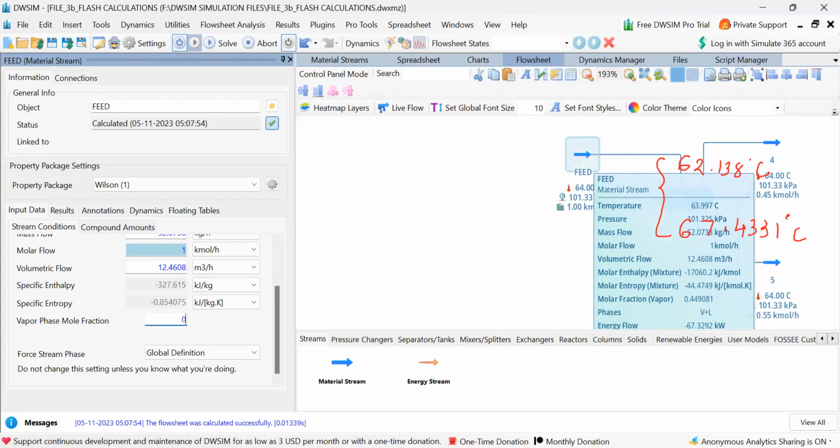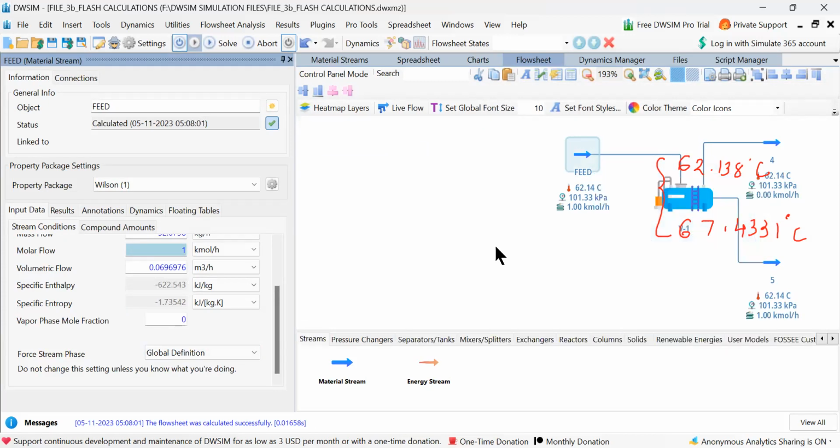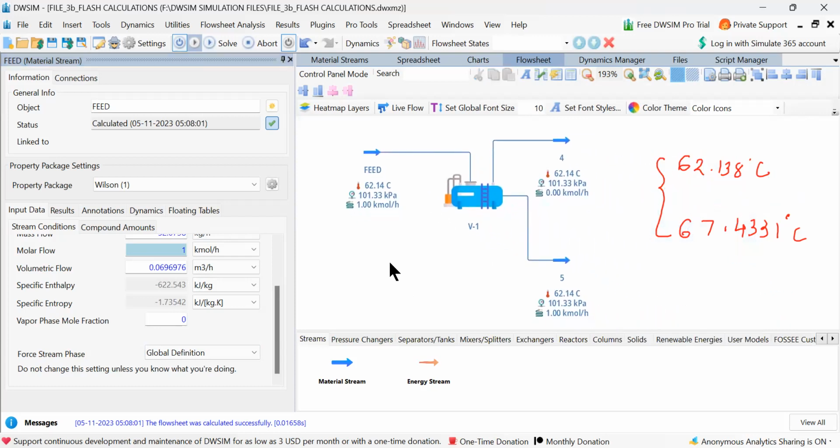That means the entire feed should appear as a liquid, right? Now you see it is 1 kilomole per hour. You can see the entire feed is coming out as a liquid, and here you find a 0. That means there is no vapor flow.